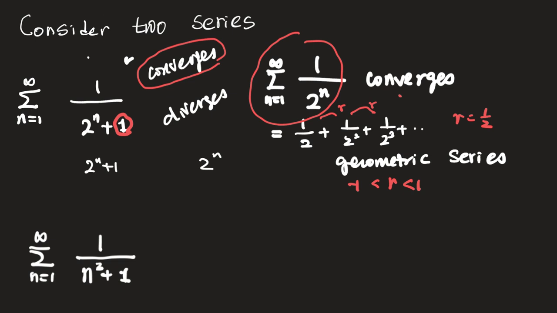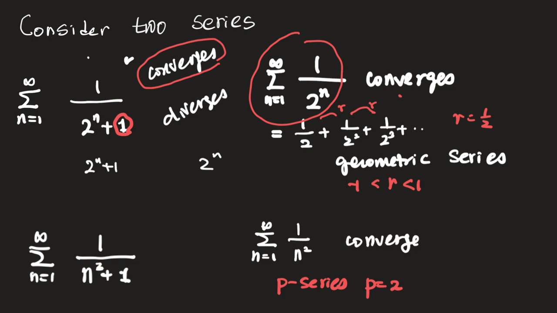So next example, look at this on the left, 1 over n squared plus 1. Does it look familiar? Look at this: the summation from n equals 1 to infinity of 1 over n squared. This is a p-series, and p is 2, so this one converges. What do you think about the series on the left? What is different? Here is n squared plus 1, here is n squared.